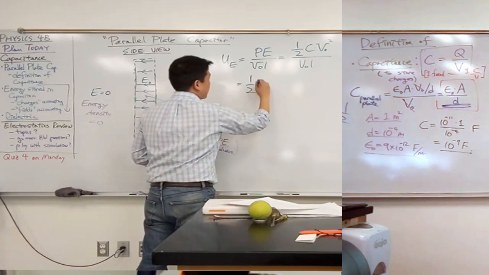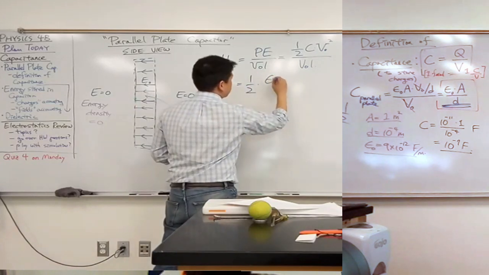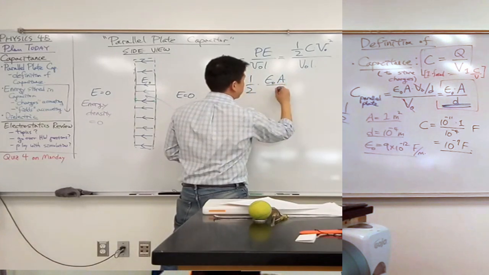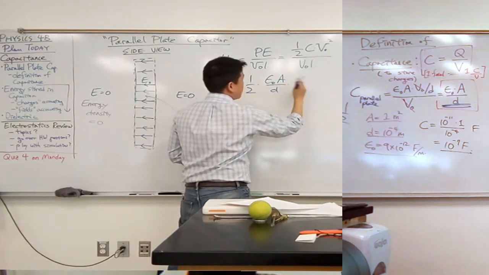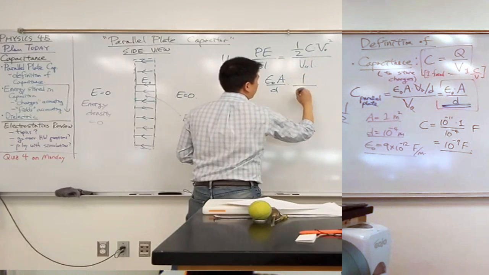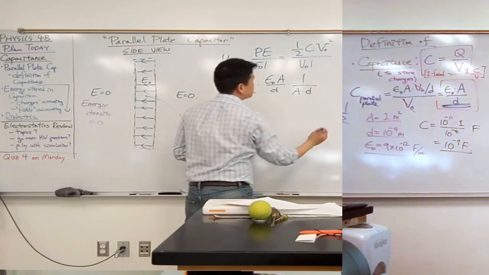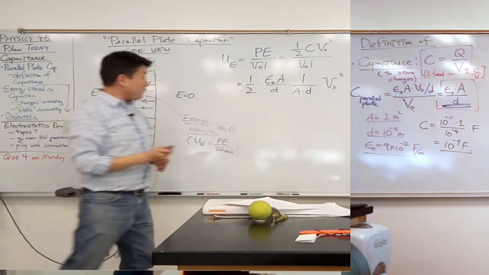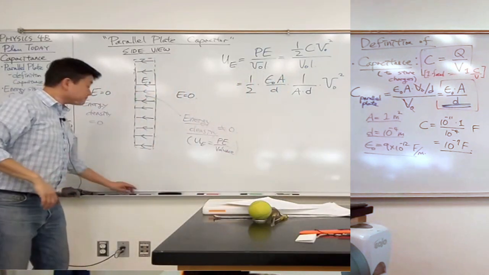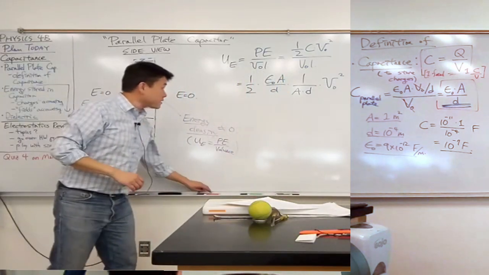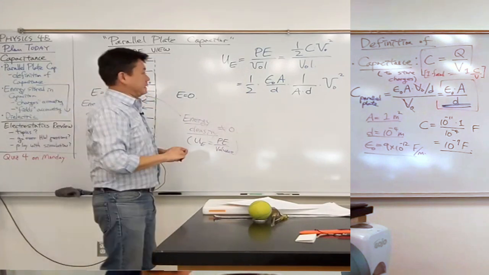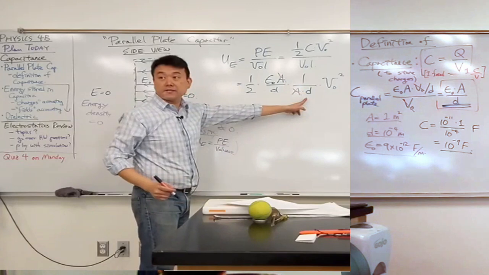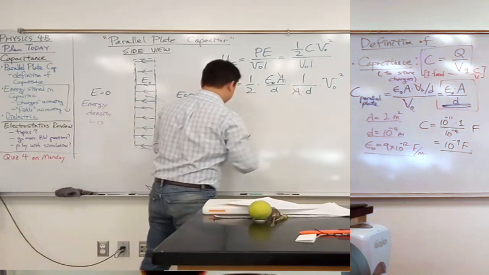One half times the capacitance, epsilon naught A over d, times one over the volume, so that's one over area times d, times V naught squared. It's actually beginning to look promising, because some things cancel right away. The area cancels, but the distance, instead of canceling, gives distance times distance.